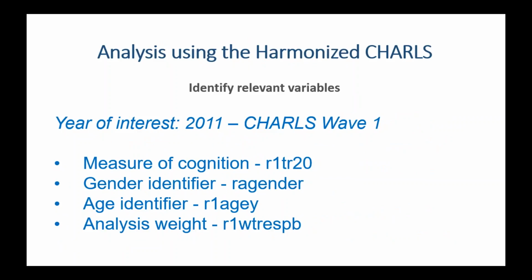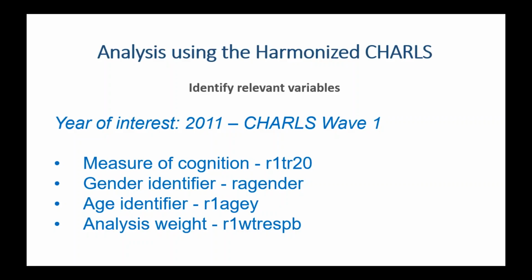So in picking our relevant variables, we're going to need a measure of cognition. We're going to use a gender identifier to look over gender. We're going to need an age identifier. And we're going to need an analysis weight. And that's because we want to make a population estimate, not just a report of the sample, so we can have a population estimate for Charles. So here I have listed out the variable names that we're going to be using.